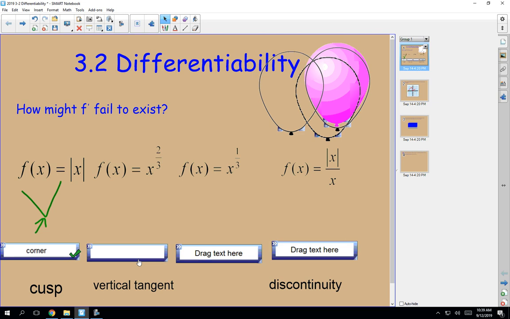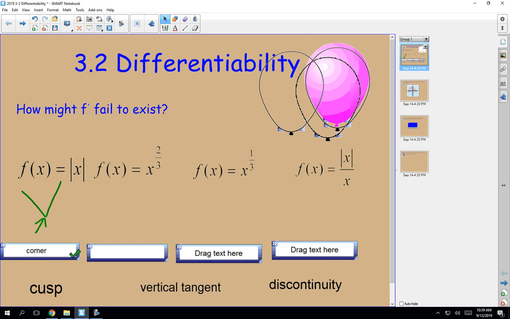We'll get a picture of it up here. We've just got these three types of failures of differentiability down here, and they're each going to match up with a function. These are just sample functions for each one. There are actually an infinite number of other functions, but these are basic graphs that fit the bill.